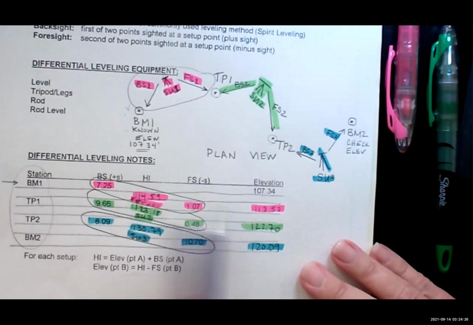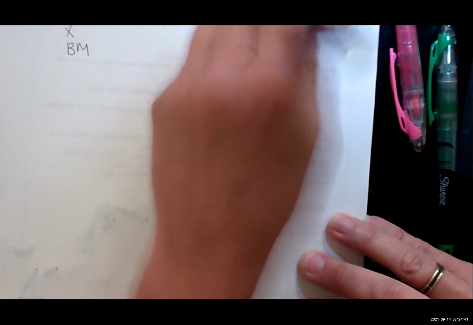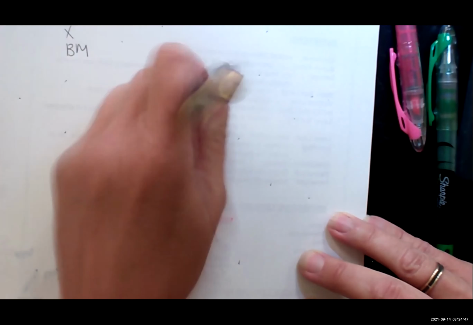Okay, so this is if you're going from one place to another. What may happen, though, is let's say, everybody can see my paper, let's say the benchmark's here, and you need to establish a topographic map. You have all these points all over the place, and you need to determine the elevation for all of them.